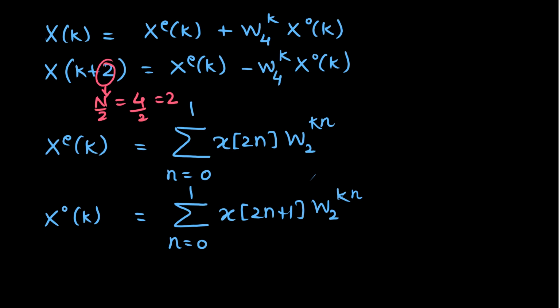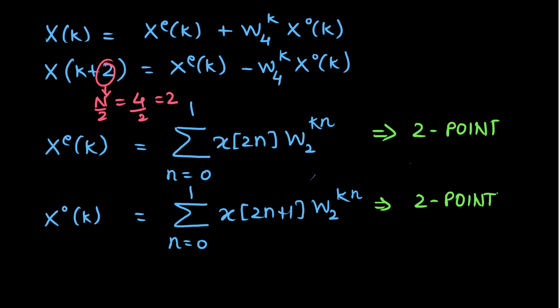So same thing we have considered for the specific value of n equal to 4, and we had seen that this X even of k is given by this equation and this X odd of k is given by this equation. Now we know that these two are n by 2 point DFTs, which means that if we consider the initial n as 4, we would have a 2 point DFT. Similarly, this would also be a 2 point DFT, which means that we can split these two further so that we get 1 point DFT.